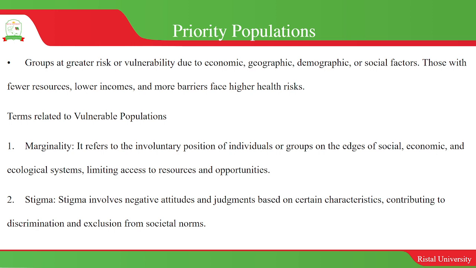Of course, there are people who are left at the bottom. They're having poor health outcomes. So we can term them as priority populations or people who are at a greater risk. Or basically, we can say they are vulnerable populations. These populations can be vulnerable because of low income levels, because they don't have the resources that they need, and things like that.